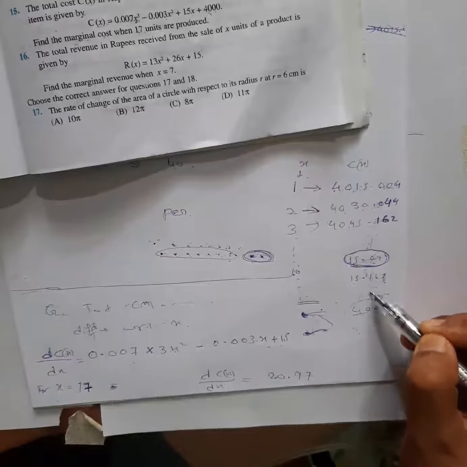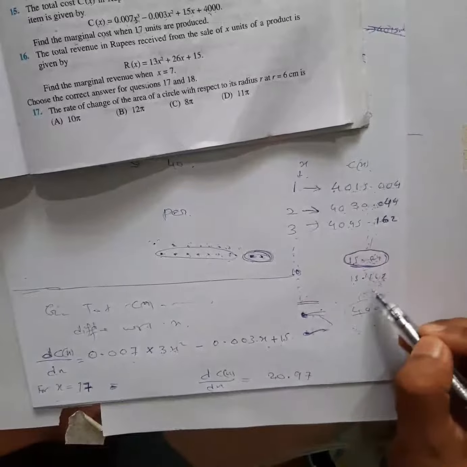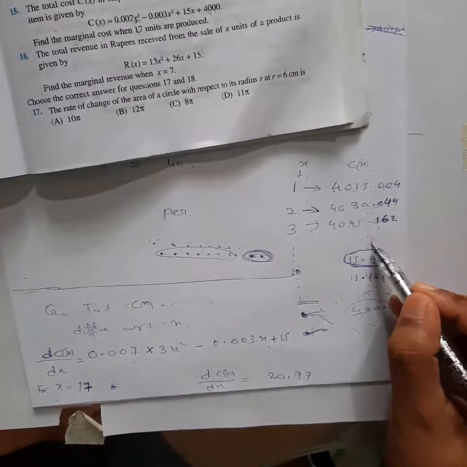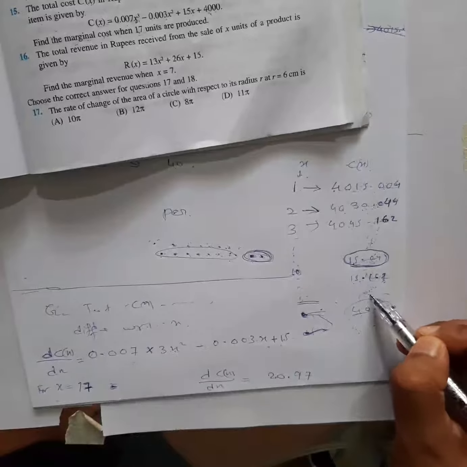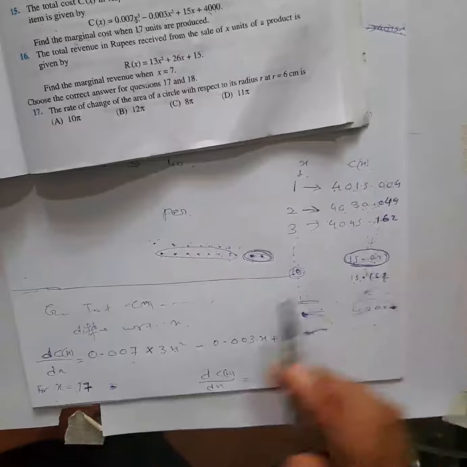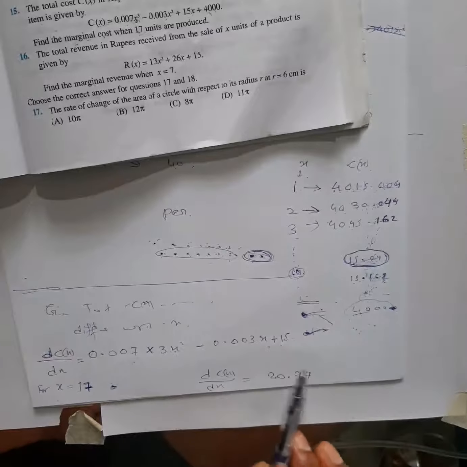So when you reach 10 products, what will be this total? Okay, 15.162 here, right? After that, if you compare with the 4th, then this will keep on increasing. So same way here also, when you reach 17 units, your rate will be this much.